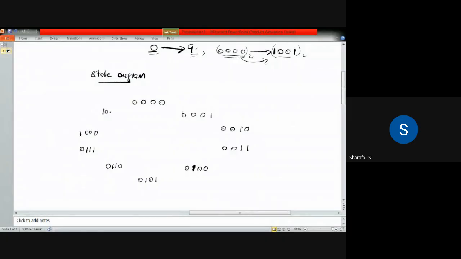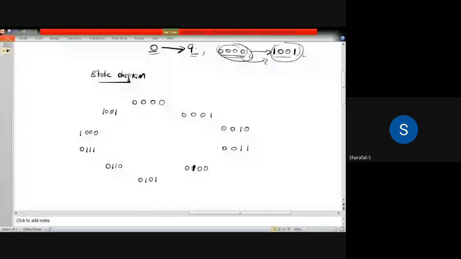So this is from 0, 0, 0, 0 to this 1, 0, 0, 1. So this is the state diagram.